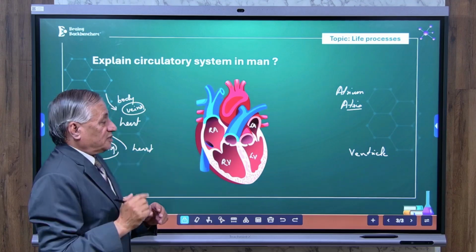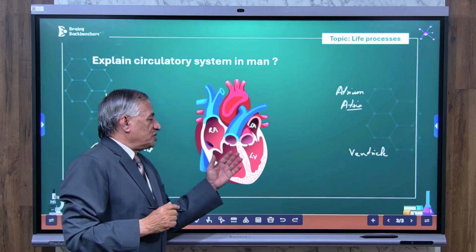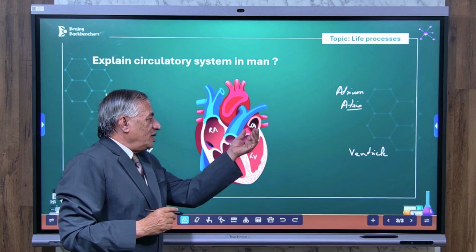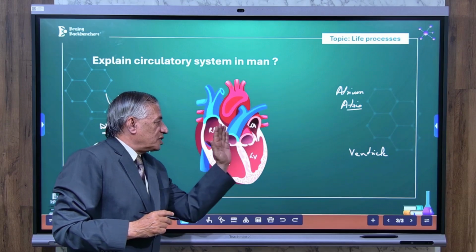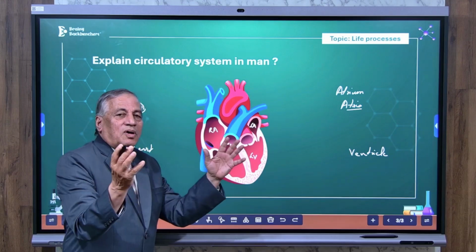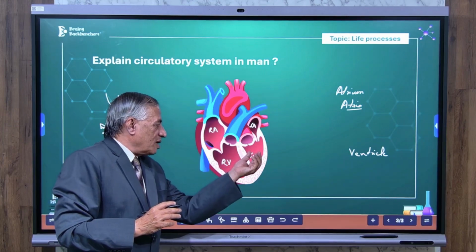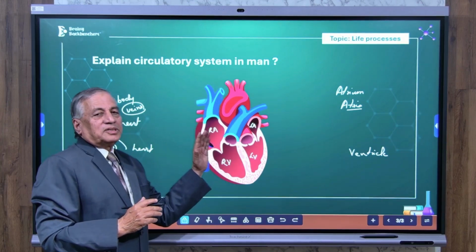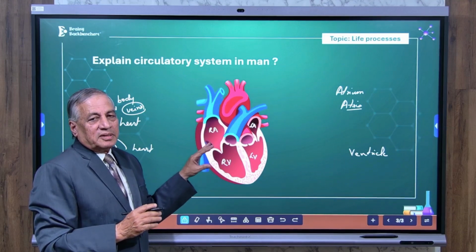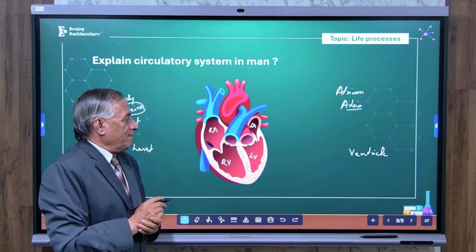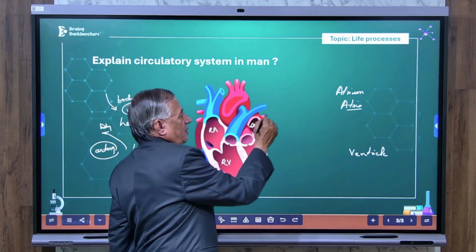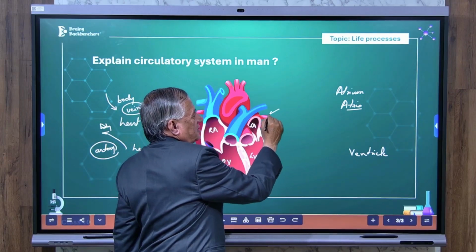One more difference. Always you can see the chambers towards the left side, which receive oxygenated blood, are smaller compared to the deoxygenated blood chambers. This is the technical point. Now I will write. First one, blood enters.